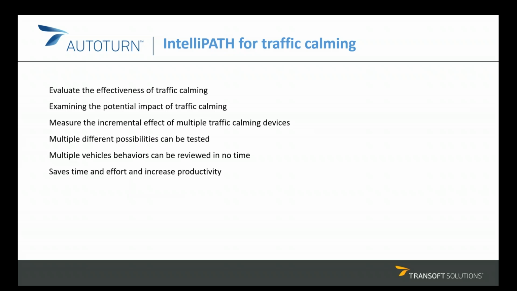And with this tool, many different possibilities or combinations can be tested easily. Multiple vehicle behaviors can be reviewed quickly in very little time. And all these factors collectively contribute to save time and effort and in turn increase our productivity.